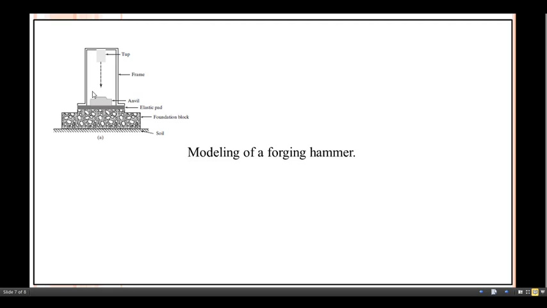For first approximation, this frame, anvil, elastic pad, foundation block, and soil are modeled as a single degree of freedom system. Okay, like this one.